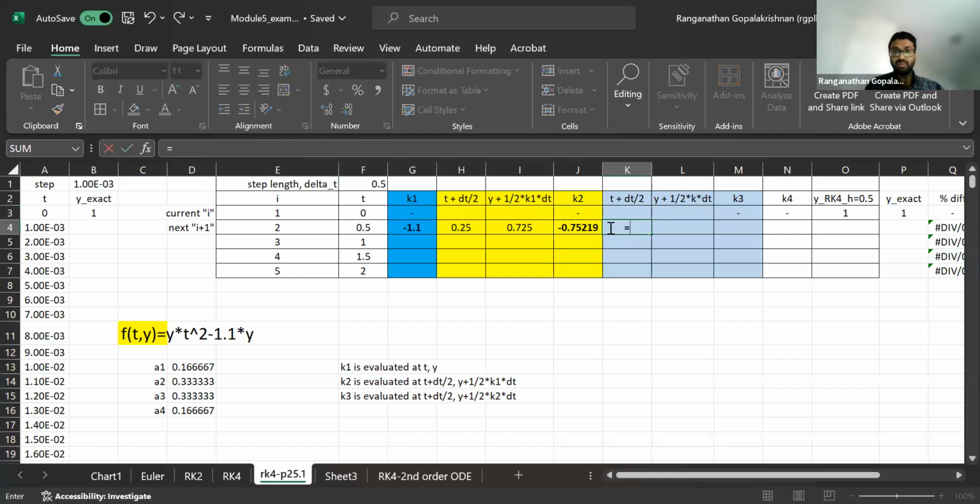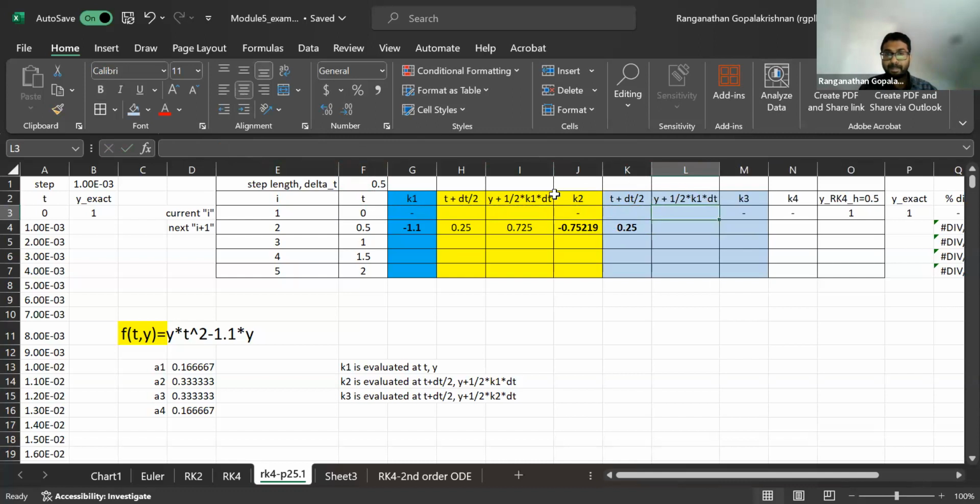What is T plus dt by 2? It has to be 0.25 again. It's the same 0 plus 0.5 divided by 2, and then Y plus half K2 times dt.